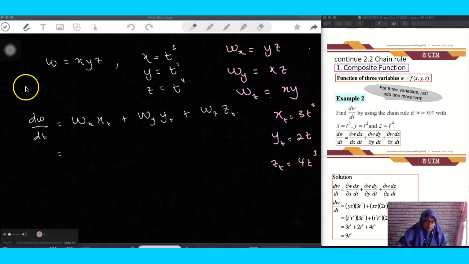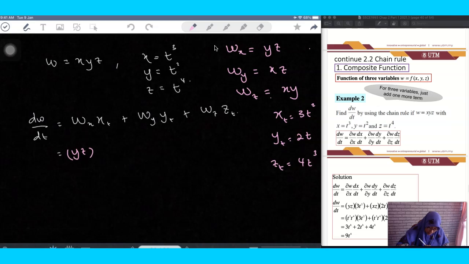Now it is time for us to substitute all the terms. You have six terms and you need to multiply. So w_x, which is yz, times x_t, which is 3t squared, plus w_y, which is xz, times y_t, which is 2t, plus w_z, which is xy, times z_t, which is 4t cubed. We want to leave our answer in t, so we have to simplify.